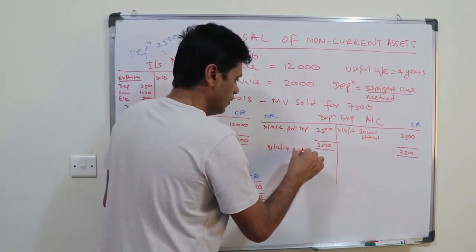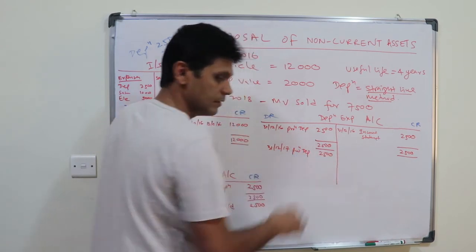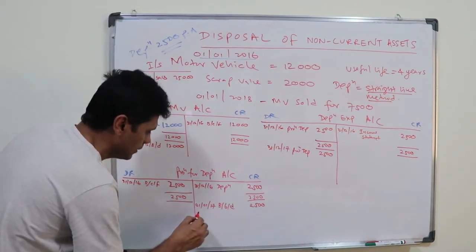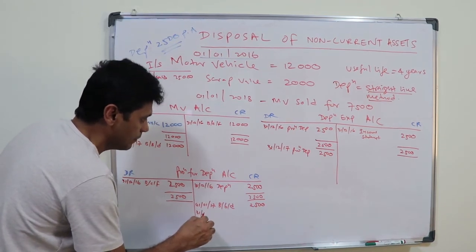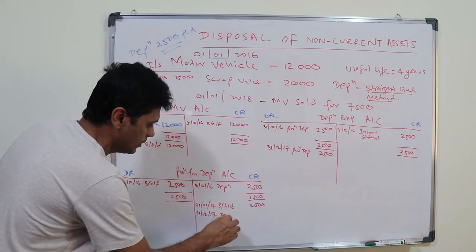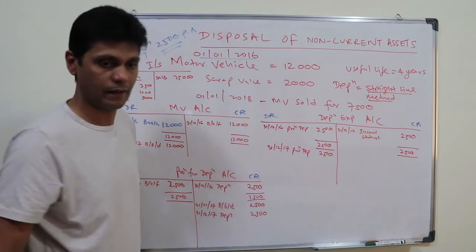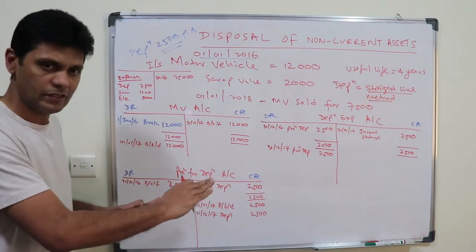Provision for depreciation account 2,500. Depreciation 2,500. Is that clear? This is the only entry.